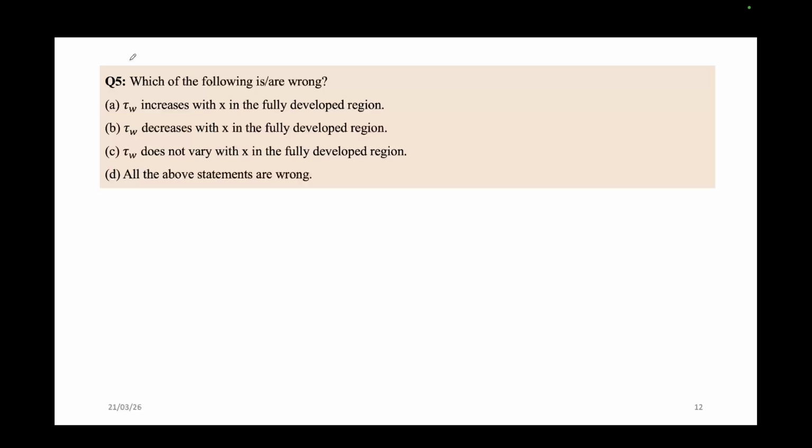See, it's a tricky question. Which of the following is or are wrong? There can be multiple options.